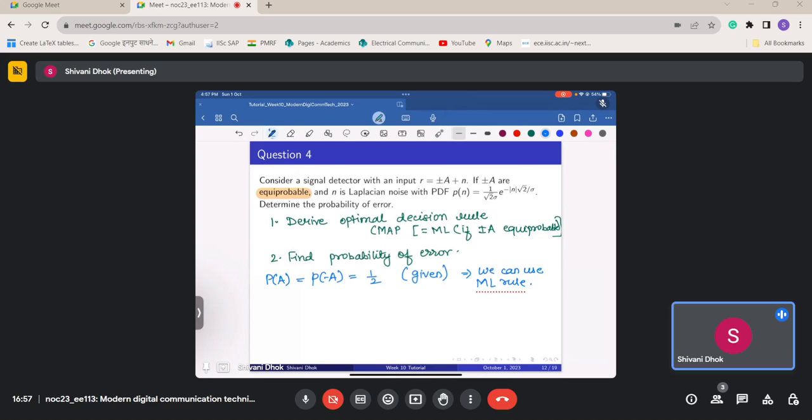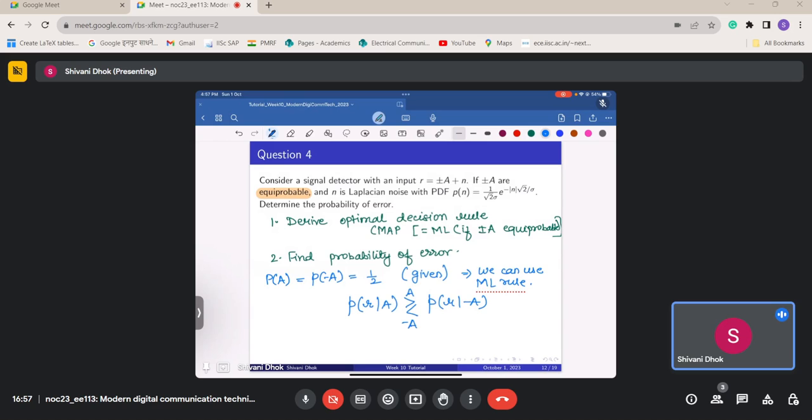So what does this ML rule say? This ML rule says that if PDF of R given A is transmitted is greater than PDF of R given minus A being transmitted, then I'll decide in favor of A. If PDF of R given A is less than PDF of R given minus A, then I'll decide in favor of minus A. So this is what the ML rule is telling us.